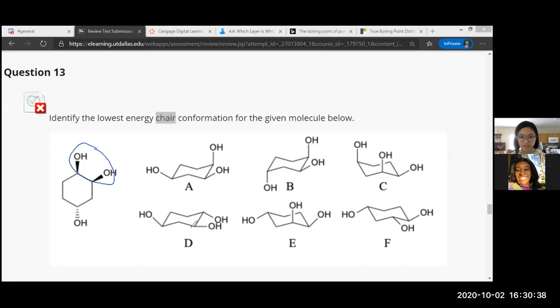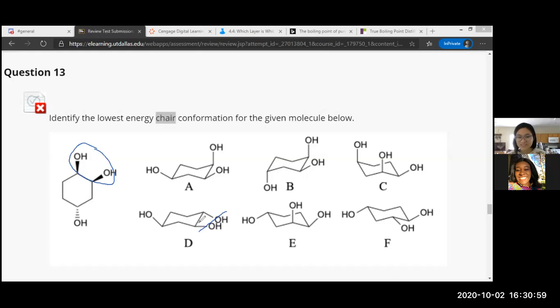But otherwise, I eliminated this one because they're really close together. For sure, definitely I eliminate D, just because those hydroxides are super close together.